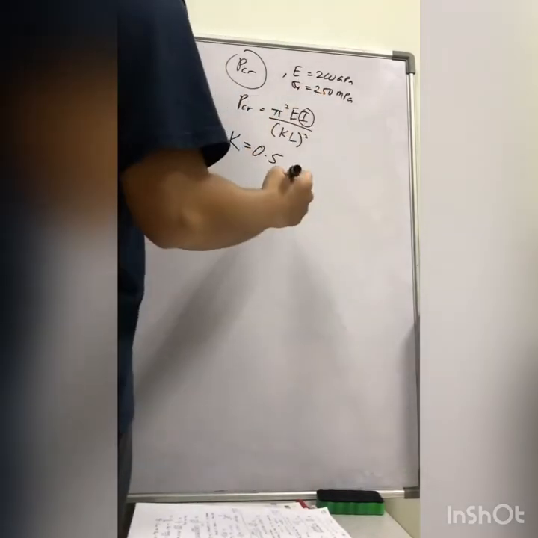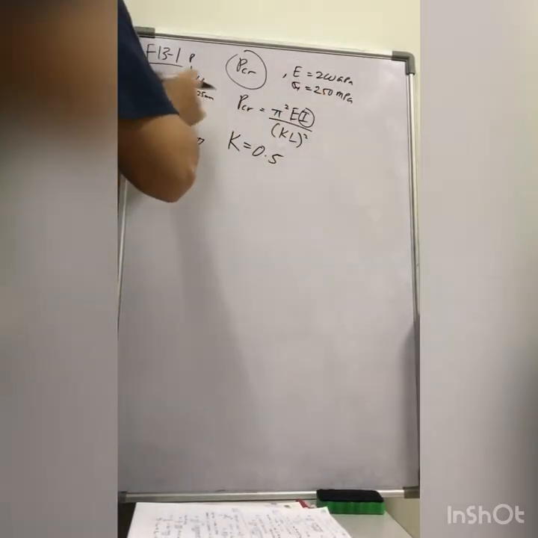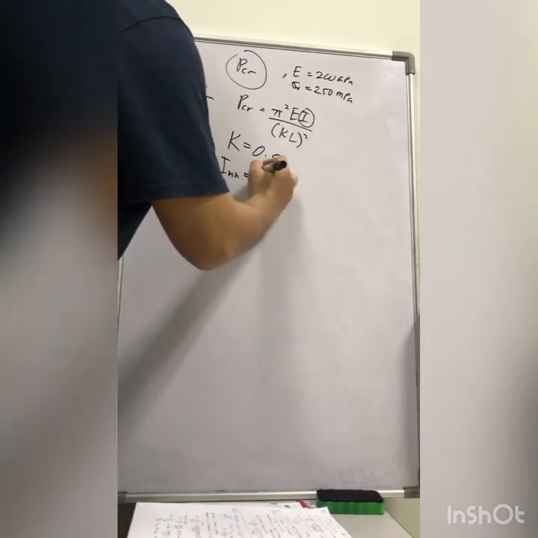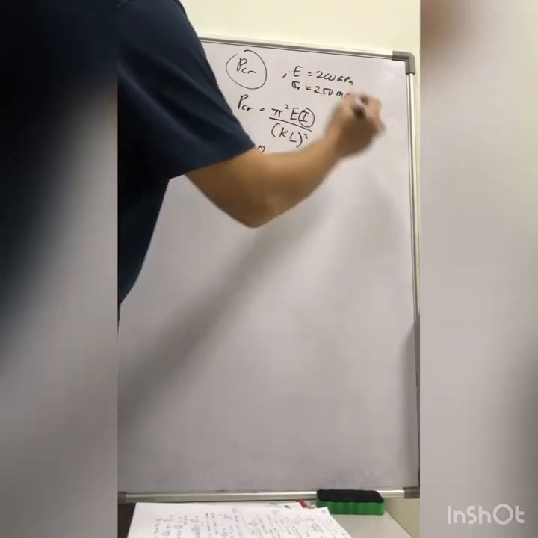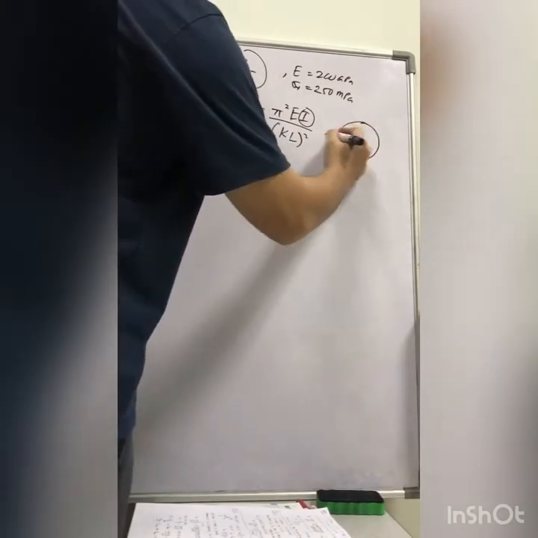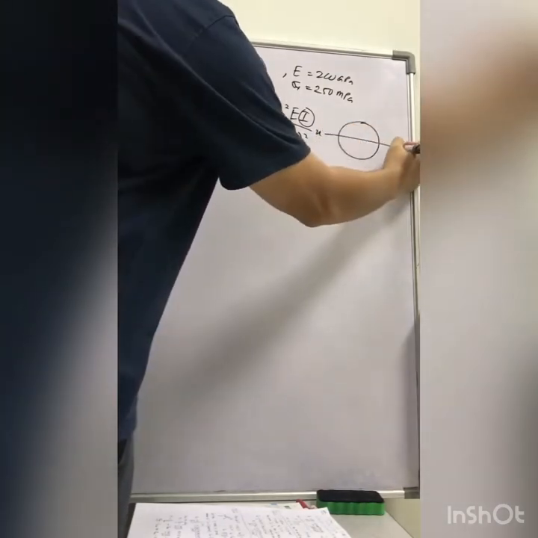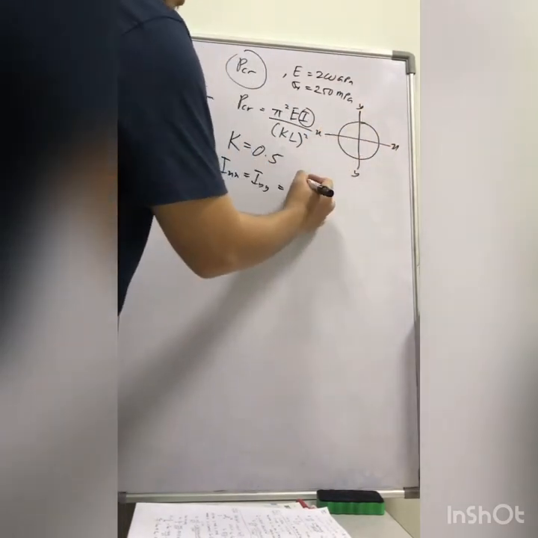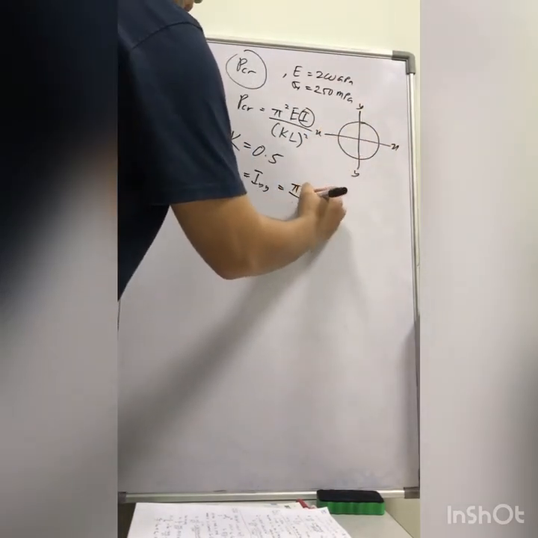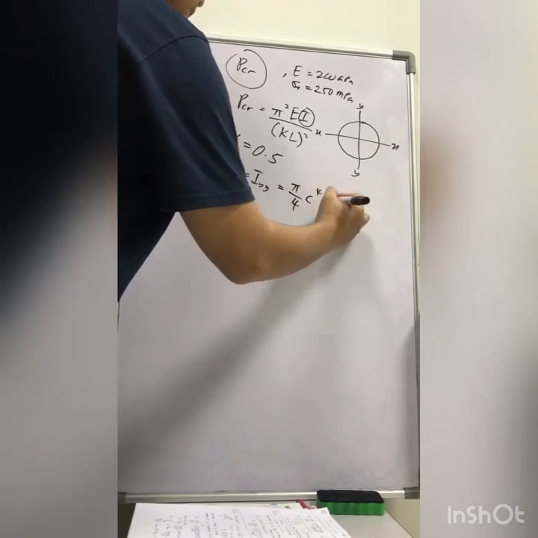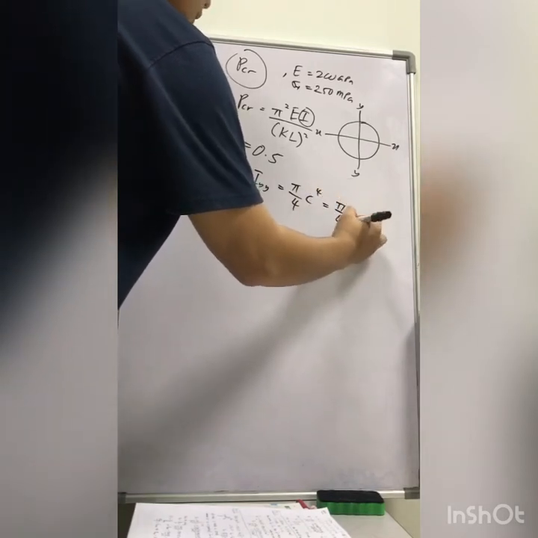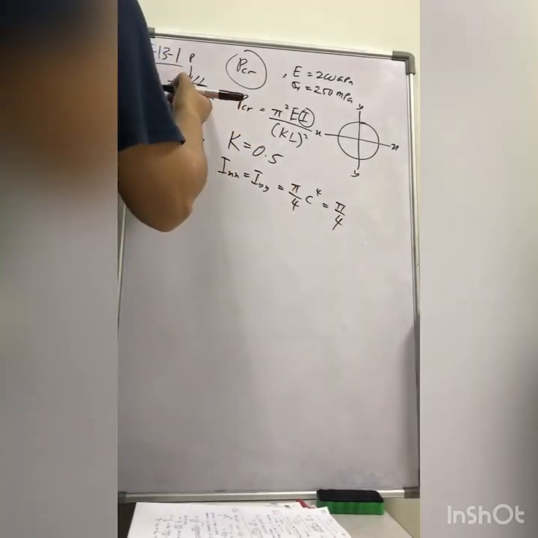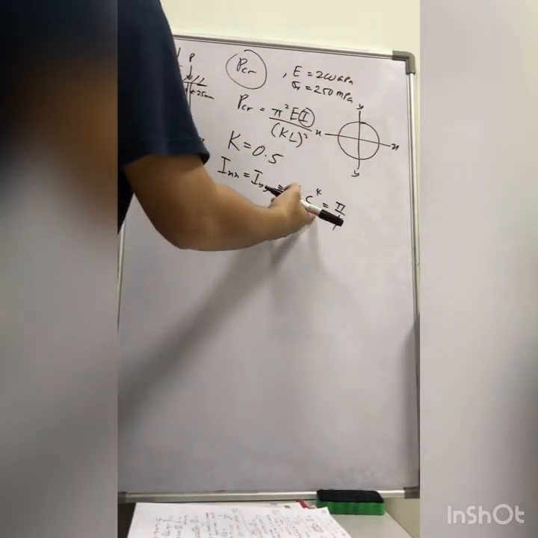And how about your I? In this case, your I in the XX or YY direction will be the same, since this is the cross section. We have done this so many times already: pi over 4 times C to the power of 4, where C is the radius, not diameter.